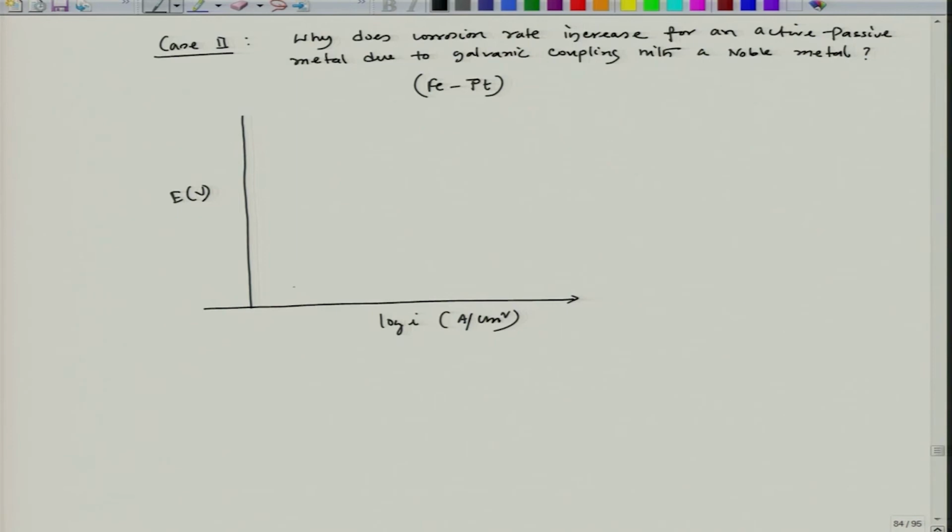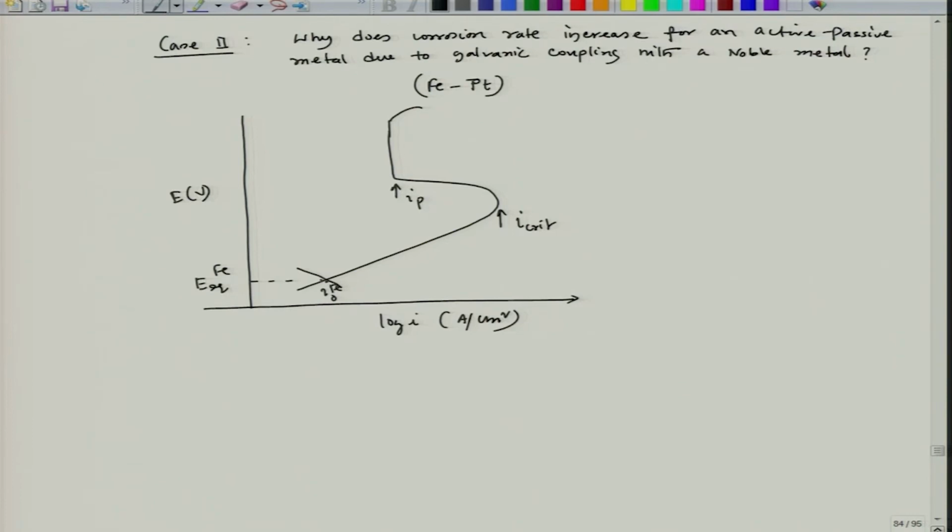Iron is also an active passive metal, but here the plot looks like this. Fine. So, now here this is my E equilibrium with iron, and this is I0 of iron in the acid solution, and this is of course the passive zone, and this particular point is I critical, this is I passive.